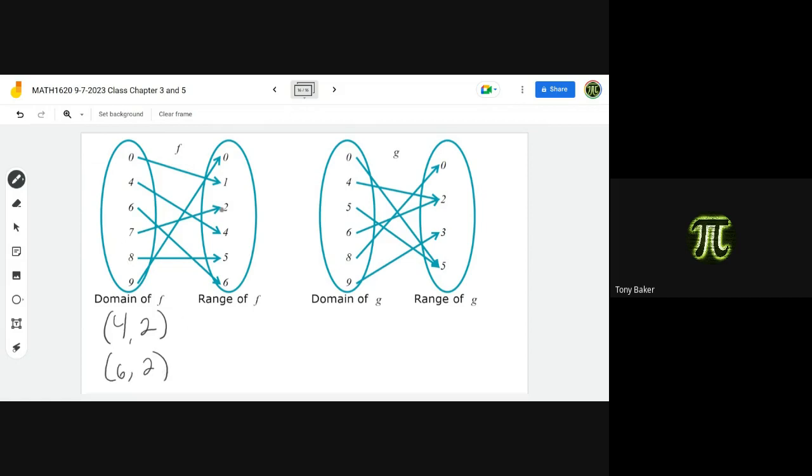There is no 2. 8 goes to 5. 5 goes to 5. 9 goes to 0. 0 goes to 5. So I've got 4, 6, 8, 9 is my domain, and 2, 5 is my range. No, you do not have to write them twice.